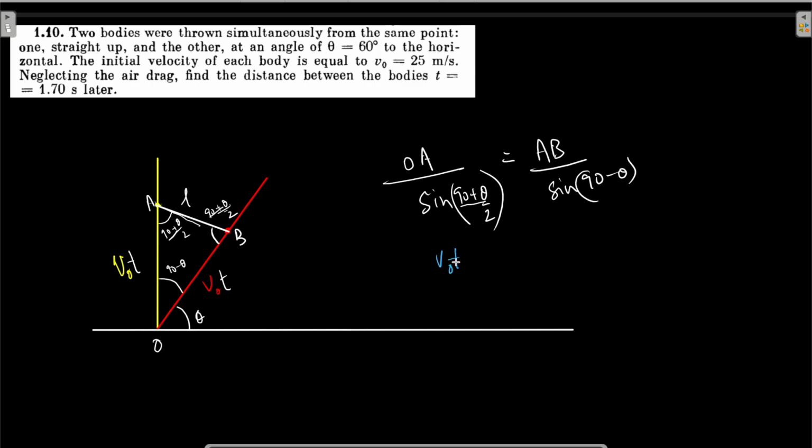V naught t by, let's keep it sine theta, sine 90 plus theta by 2, and this is L divided by cos theta. Just a second. Sine 90 minus theta will be as good as sine 90 plus theta.